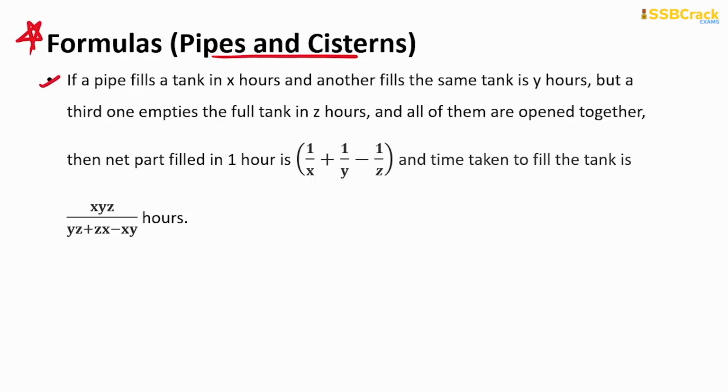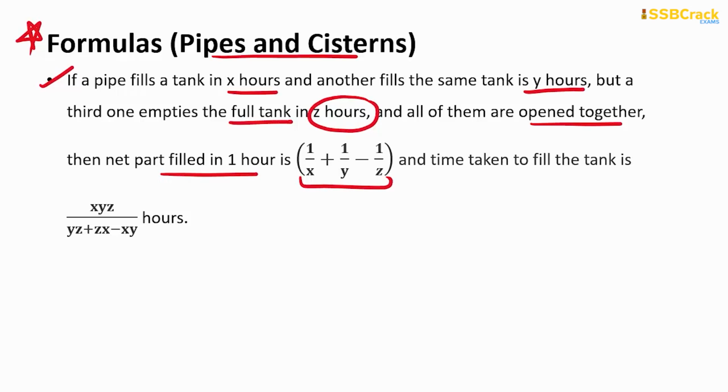If a pipe fills a tank in x hours and another pipe fills the same tank in y hours, but a third pipe empties the full tank in z hours and all of them are opened together, the net part of the tank filled in 1 hour will be this, right? And the total time period taken by all the 3 pipes together to fill the tank will be xyz upon yz plus zx minus xy hours, right?